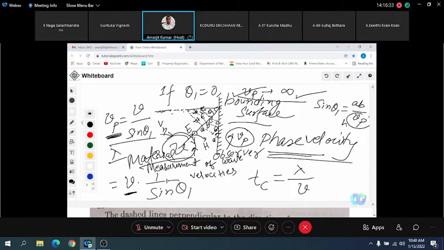So we are using a band of frequency to transmit intelligence. In amplitude modulation we have DSB and SSB, double sideband and single sideband, or even vestigial sideband; some band of frequency we are using.